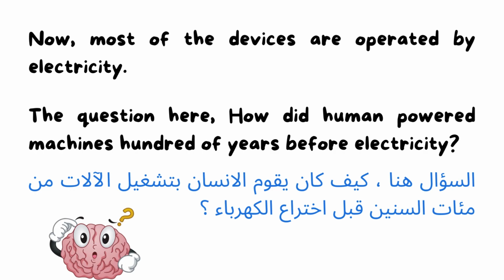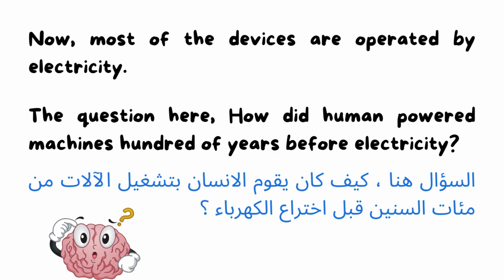That's clear, yes? The question here: how did humans power machines hundreds of years before electricity? So before electricity, how could humans power the machines that they had hundreds of years ago?